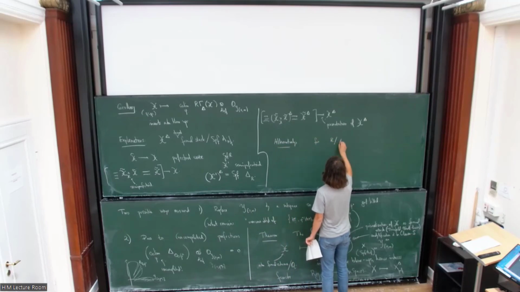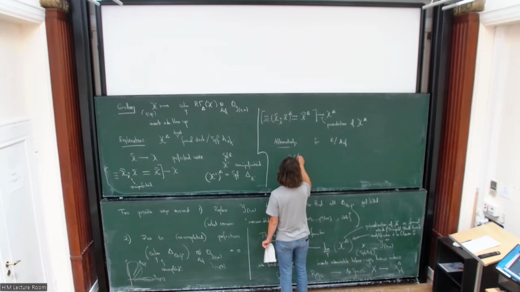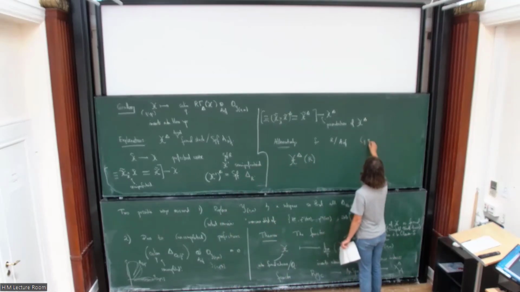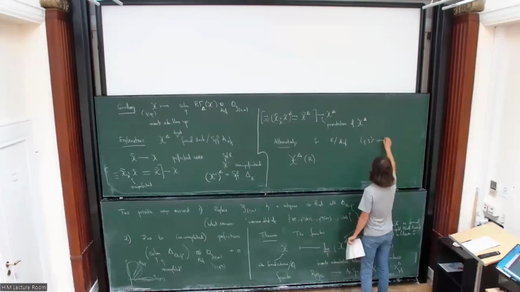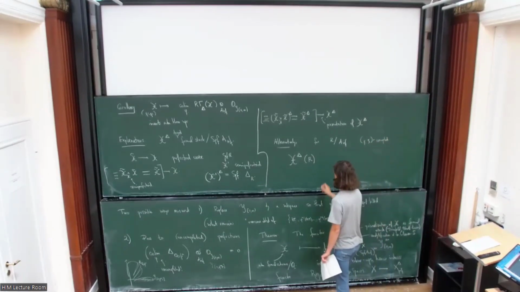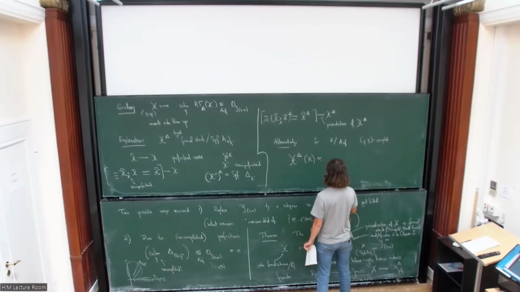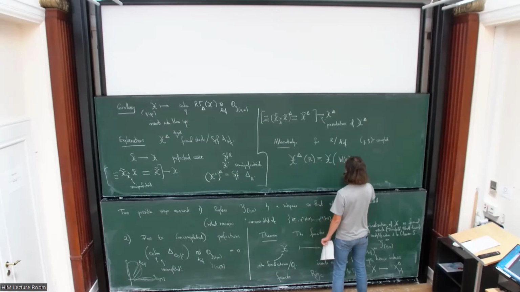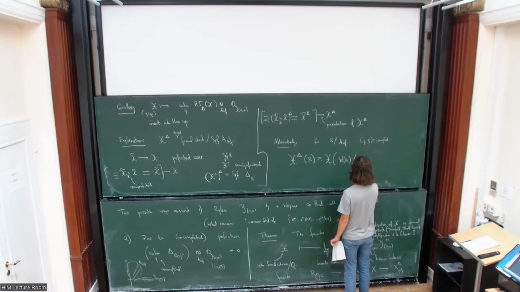For R in the inf algebra, say, the R-valued point of X prism of R should be equal to the following: you take points of X with coefficients in the big Witt vectors of R mod some element psi.